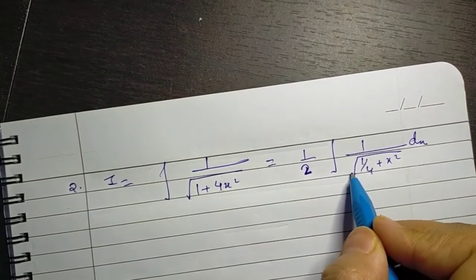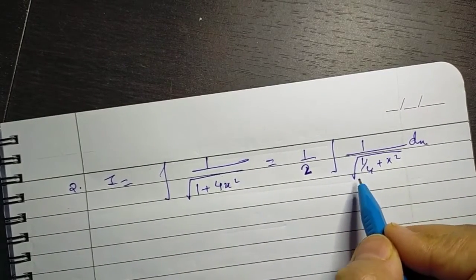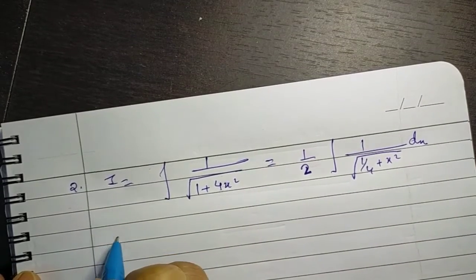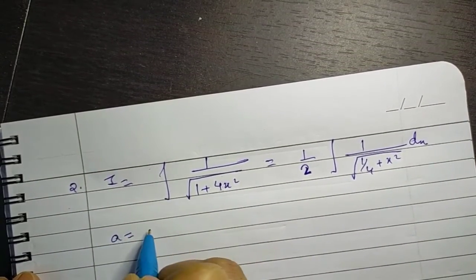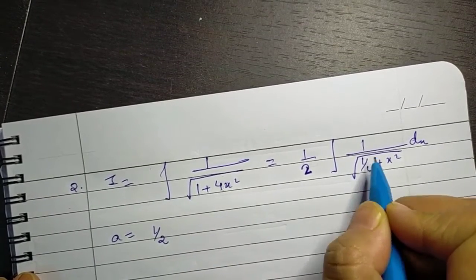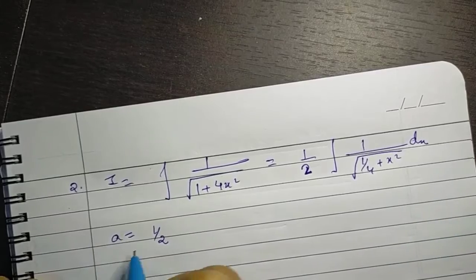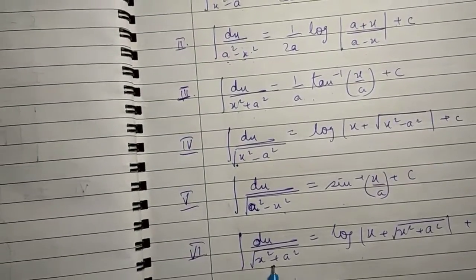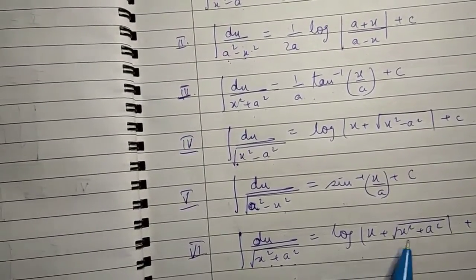Clearly it is in the form 1 upon under root of a squared plus x squared, where a is equal to 1 upon 2. A squared means 1 upon 2 whole squared. So therefore now the result for 1 upon under root of a squared plus x squared is log of x plus under root of x squared plus a squared.